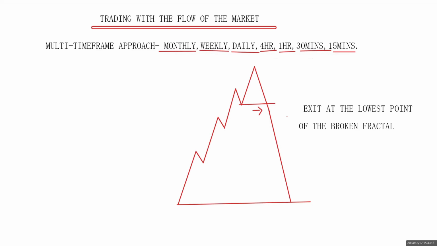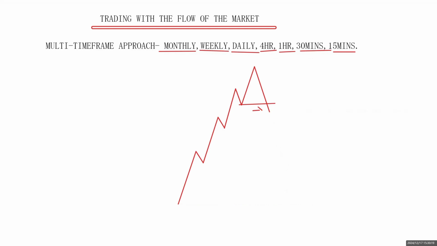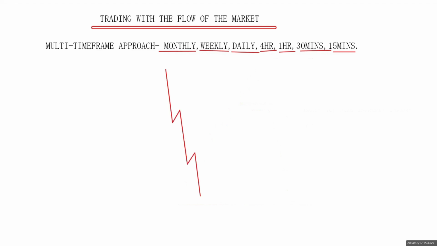Okay, so now this is it. The same thing applies to the bearish structure. If we see price make movements like this, and we see a break of structure, and the opportunity is in the direction of trend, this means that you are riding the flow of the market, and you exit at the highest point of the broken fractal. This is your take profit.